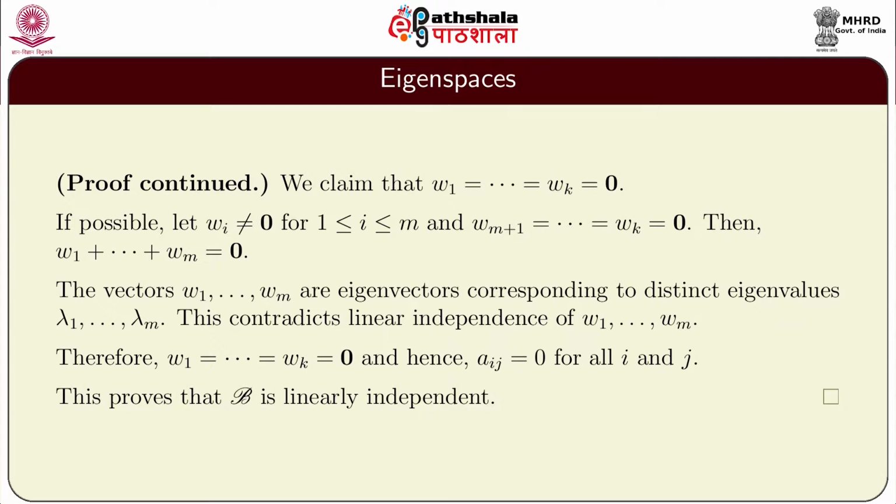So, that is being contradicted here. Therefore, we have to have W1, W2 and so on up to Wk are nothing but the 0 vectors, and hence all the scalars Aij must be 0 for all i and j. Therefore, we have proved that the set B, which is the union of B1, B2 etc. up to Bk, is linearly independent.